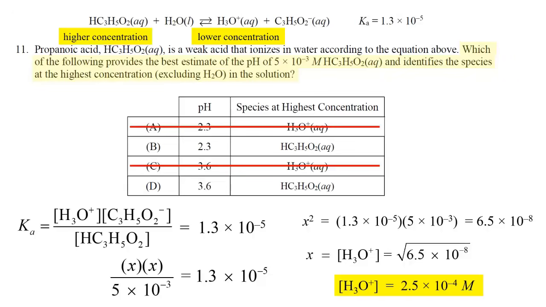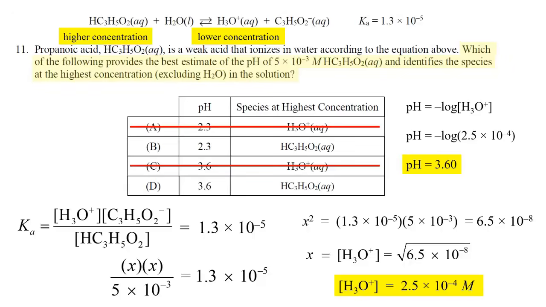So when I did the square root of 6.5 times 10 to the negative 8, I got 2.5 times 10 to the negative 4. If I take the negative log of this number, I will get the pH. So the negative log of 2.5 times 10 to the negative 4 gives me a value of 3.6.